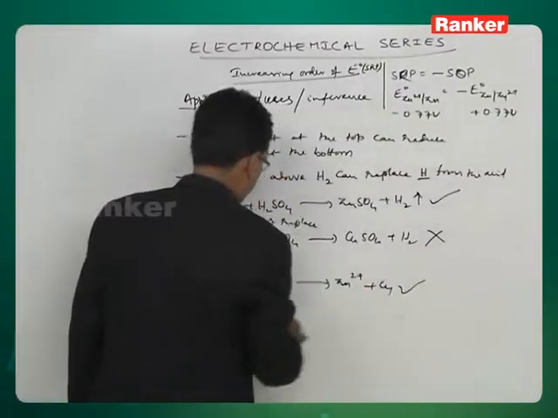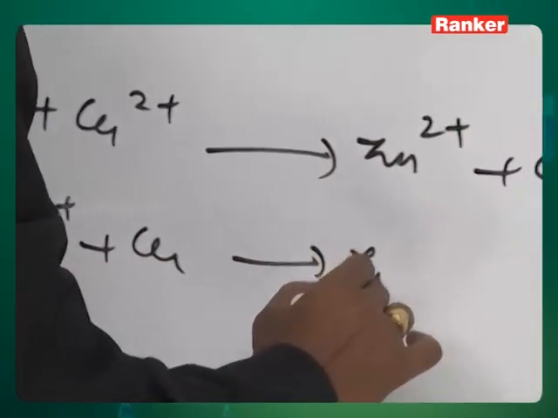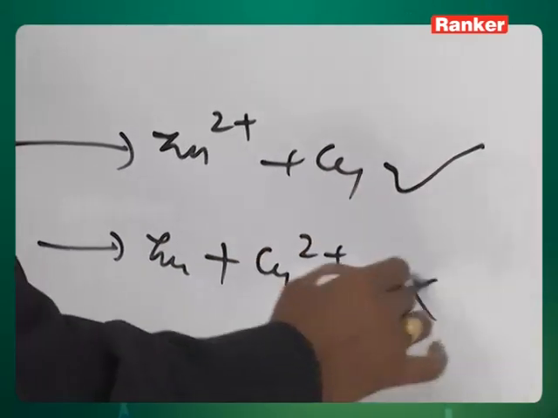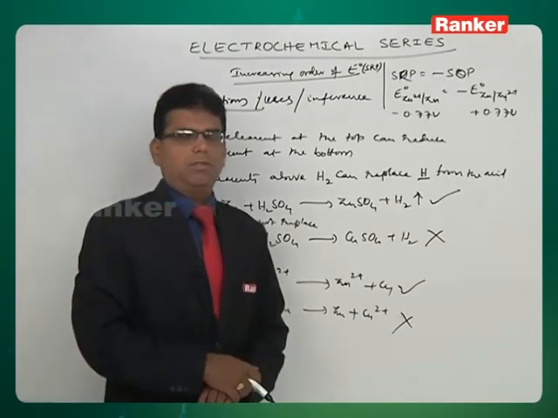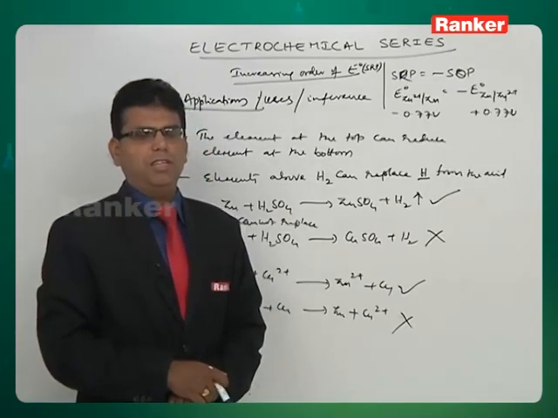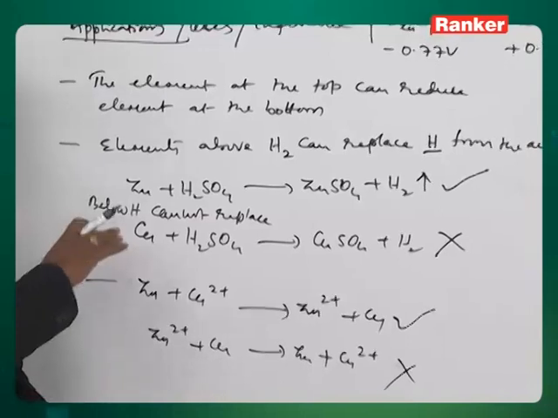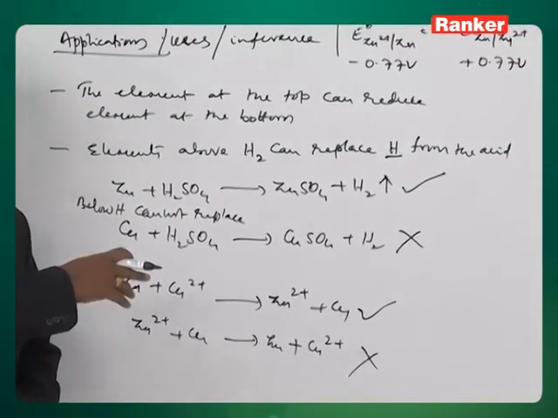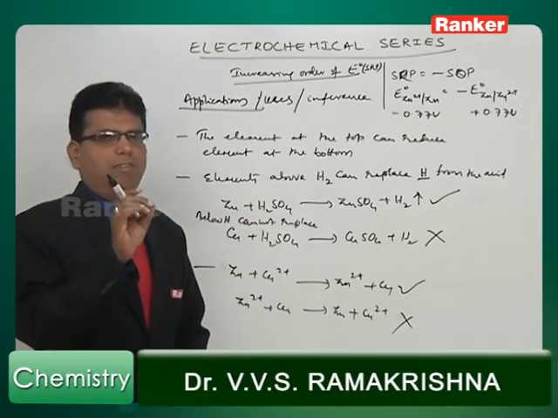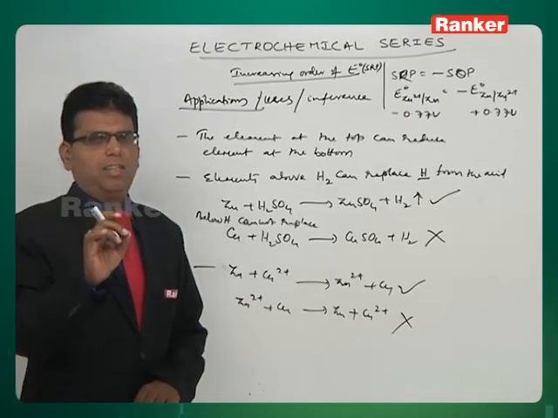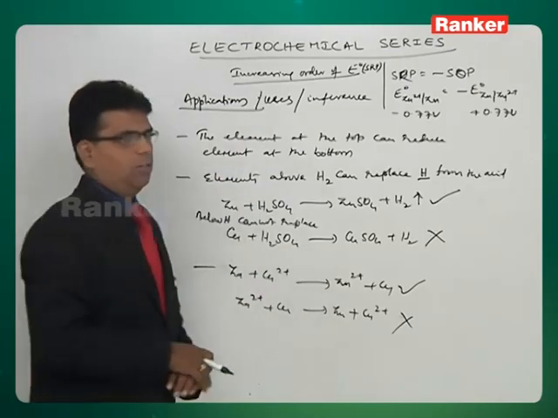This is possible, but the other way around, Zn2 plus plus Cu to Zn plus Cu2 plus, is not possible. These are two very important facts we can understand from the electrochemical series. This is very helpful in understanding possible redox reactions. E naught values give us a very clear understanding about the possible redox reactions. That is a very important application of the electrochemical series.